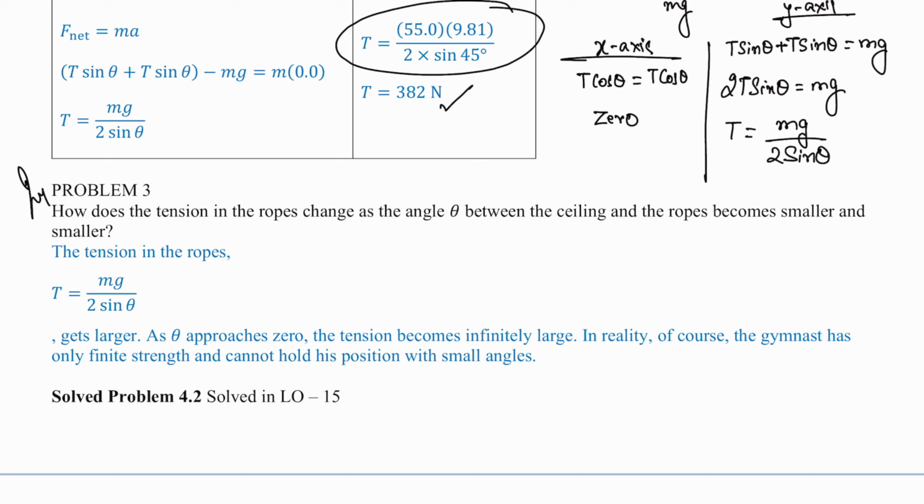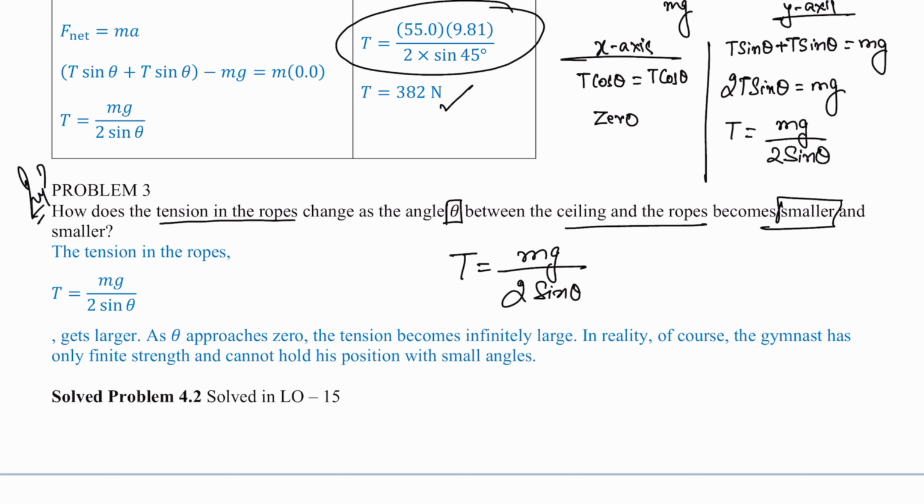Next, this is a very good and important one. How does the tension in the rope change as the angle between the ceiling and ropes becomes smaller? We know the tension T is equal to mg over 2 sine theta. This is the graph of sine; here is the angle 90 degrees, here is the angle 0.